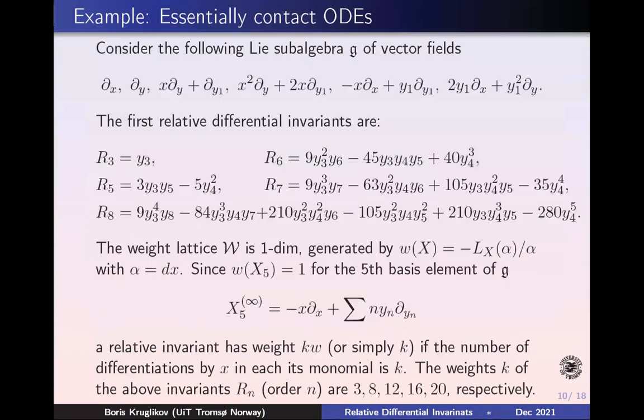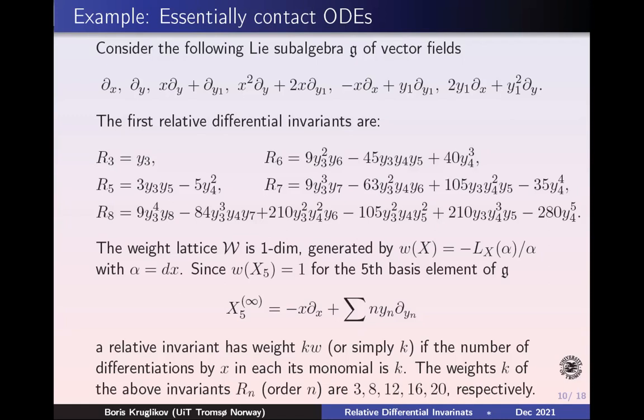Okay, so let me give you one more example. This is a small part from ongoing work with Eivind. So we consider the following algebra G of vector fields. There are 6 of them. And this is a subalgebra in the symplectic algebra sp4(R). Equivalently, you consider the contact space J1 of maps from R to R. That's a three-dimensional space.